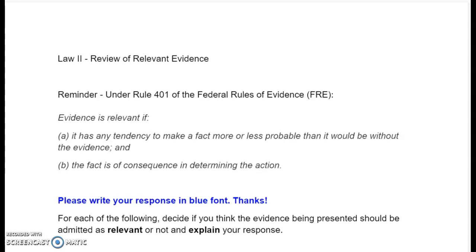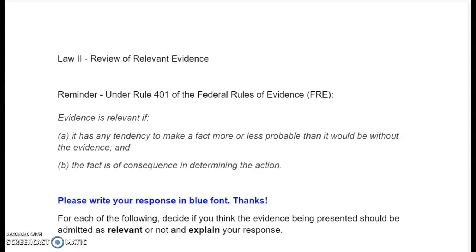Then we might say, okay, yes, those are relevant, but they are cumulative and they could cause undue prejudice against the defendant. So what I'm trying to say is something has to be relevant to be admitted, but just because it's relevant doesn't necessarily mean that it's going to be admissible. Something else, another rule of evidence, could keep it out.